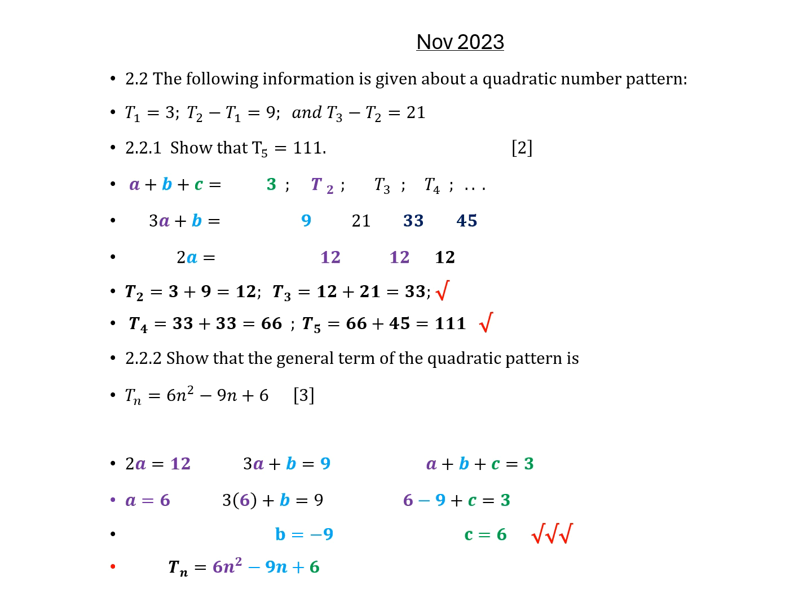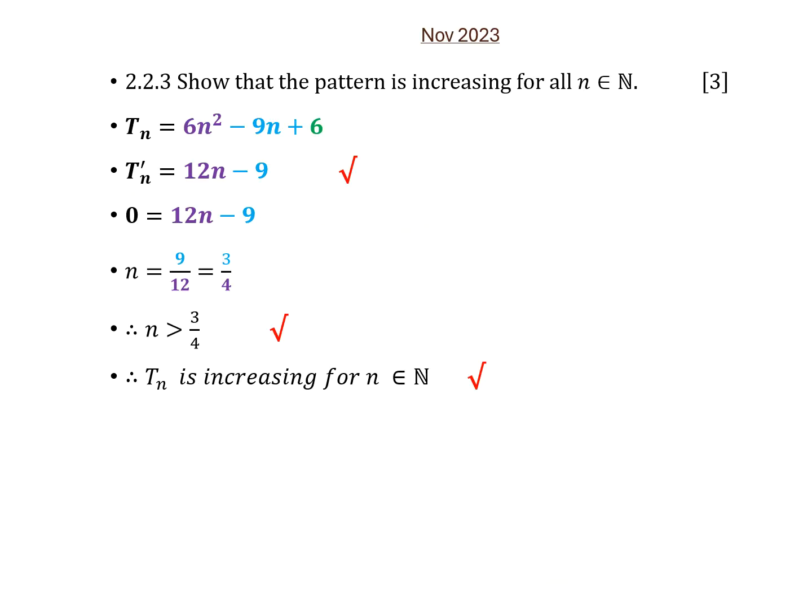Alright, let's look at the next question. Show that the pattern is increasing for all n element of natural numbers. So Tn equals 6n squared minus 9n plus 6. Alright, if I do the first derivative, 2 times 6 gives me 12n. 1 times negative 9 gives me negative 9.